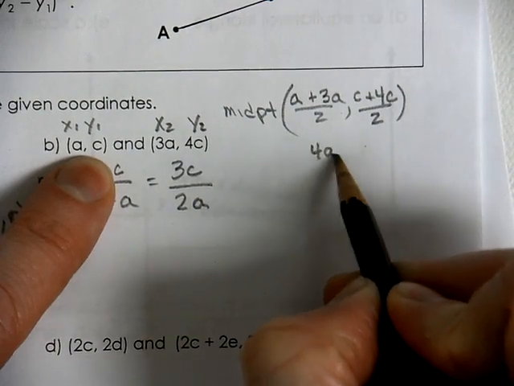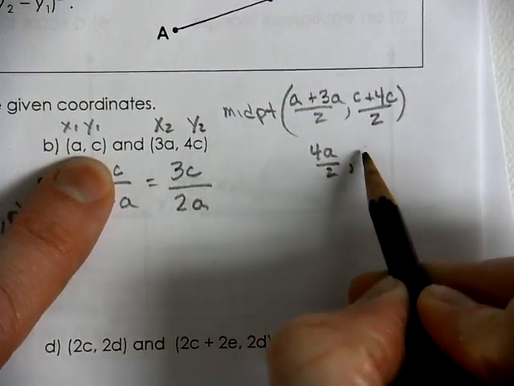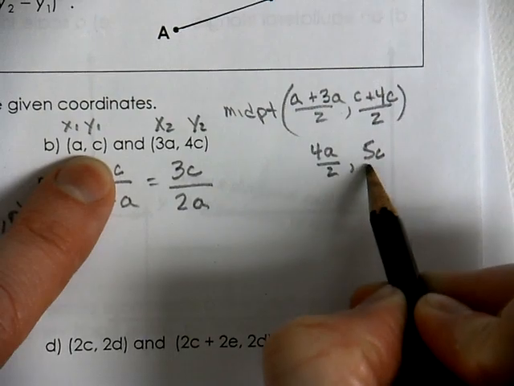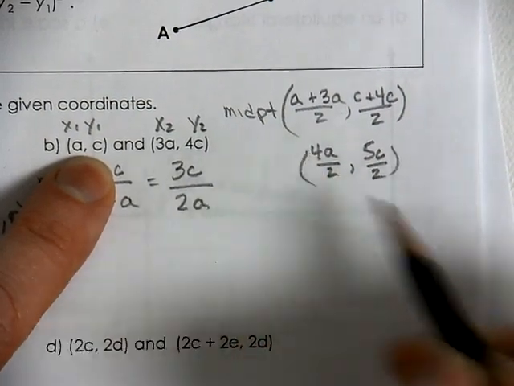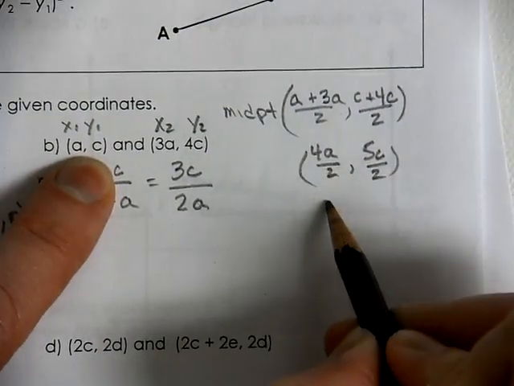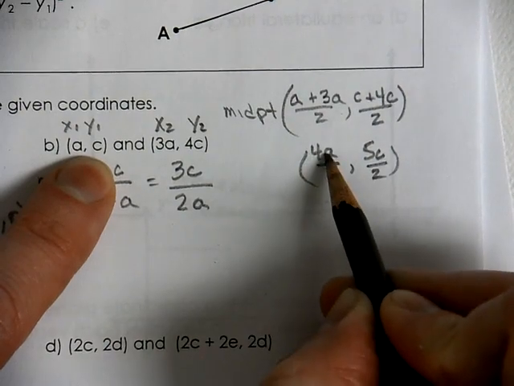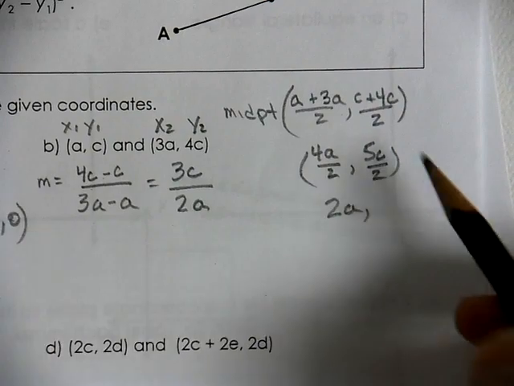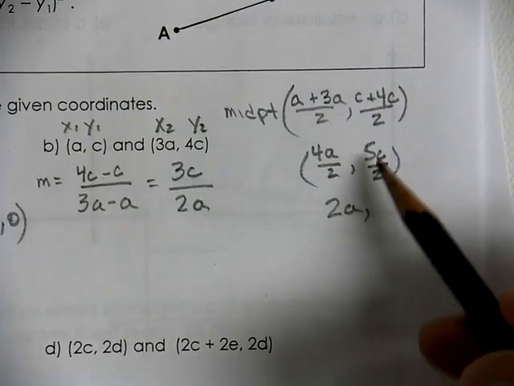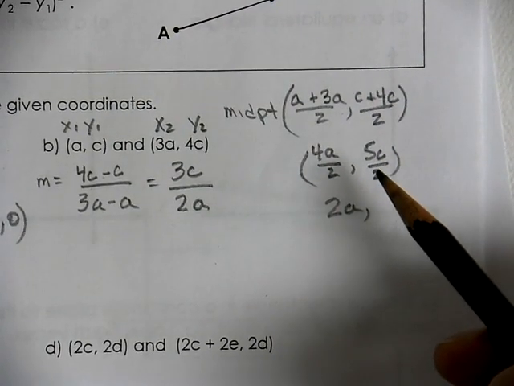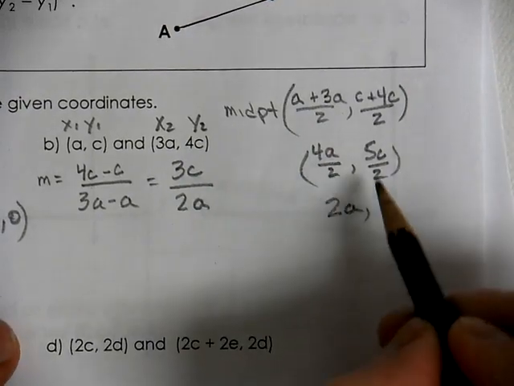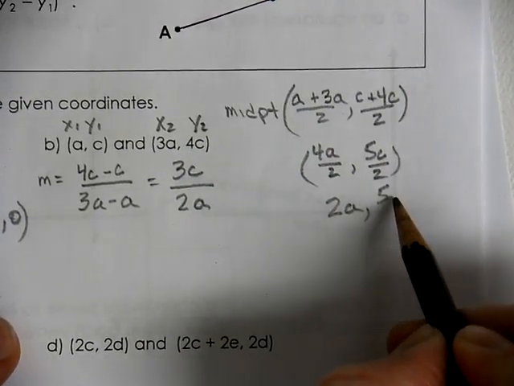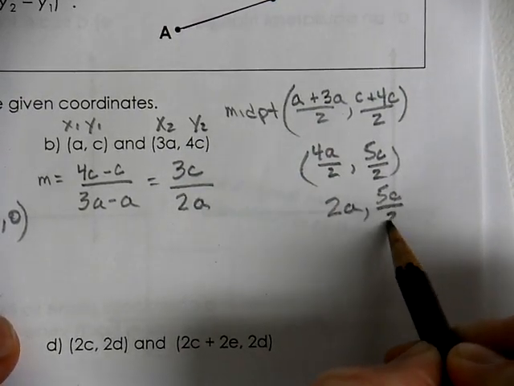So that's 4a divided by 2 and 5c divided by 2. And that can be simplified. 4 apples cut in half is just 2 apples. But 5 cats cannot be divided by 2 evenly, of course. So we're just going to leave it as 5c over 2.